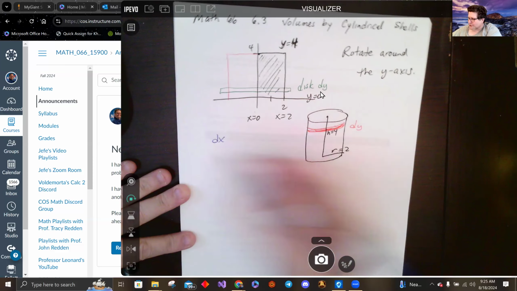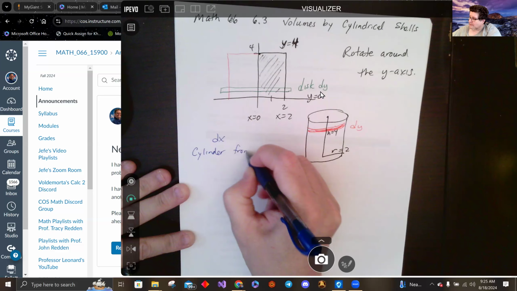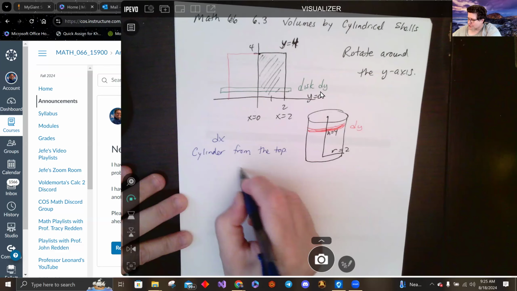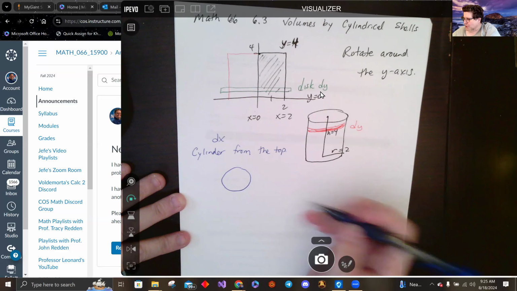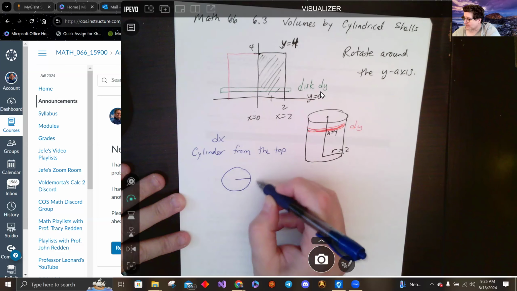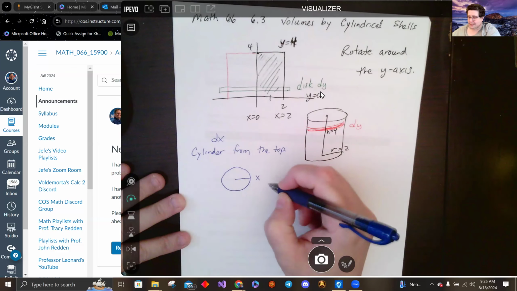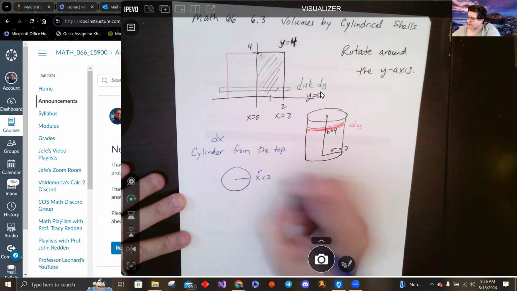So let's look at the cylinder from overhead. It's just a circle, right? So this is like x, and y is coming out of the page towards us. So x here, the radius is 2.